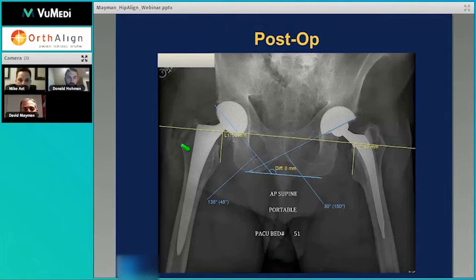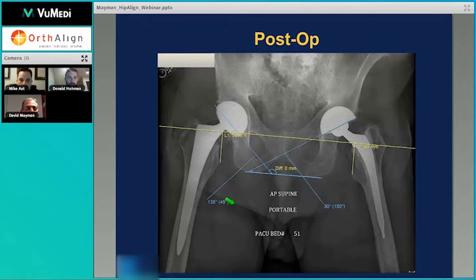So when we measure functionally on a postoperative x-ray here, you can see that the other side was 30 degrees of inclination and really no anteversion. This was a very flat cup in terms of version. And then you can see the acetabular component position of the implant navigated with OrthAlign, and we're at 45 degrees here, and we've got an appropriate amount of functional anteversion.